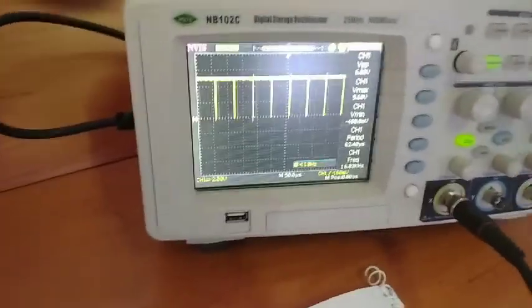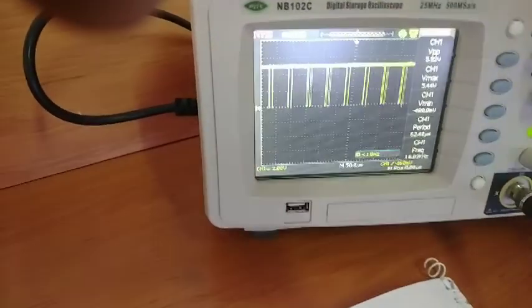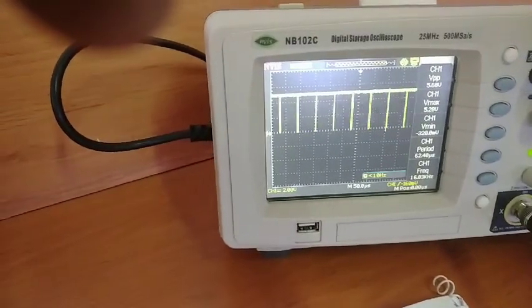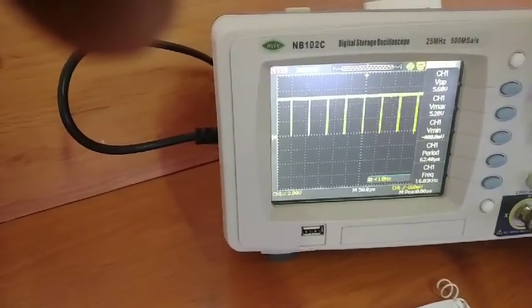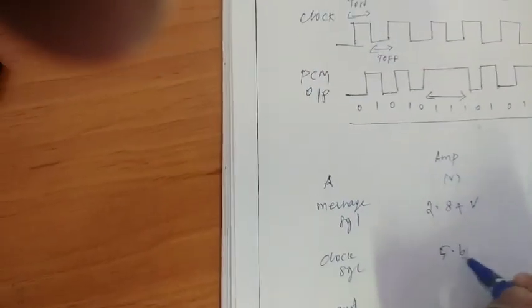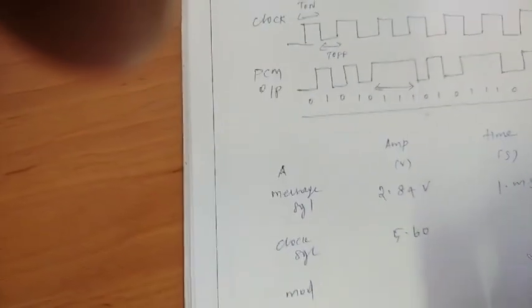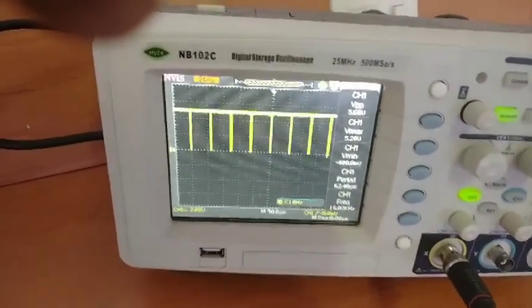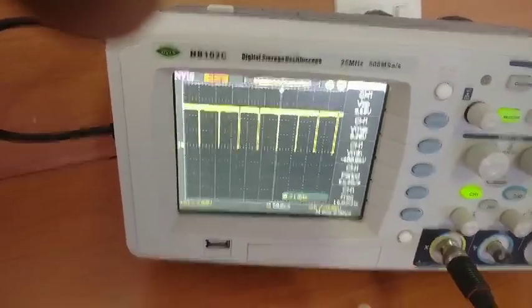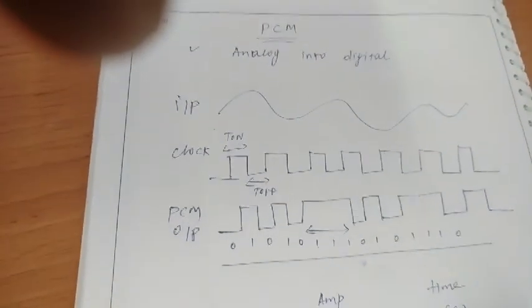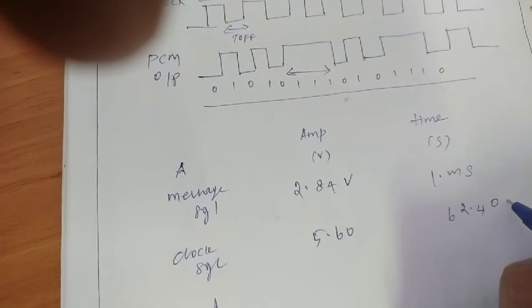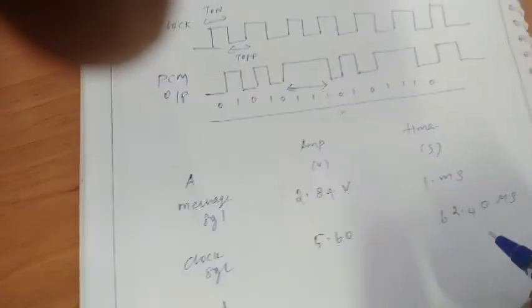The clock pulse signal has a voltage of 5.60 and a time period of 62.40 microseconds.